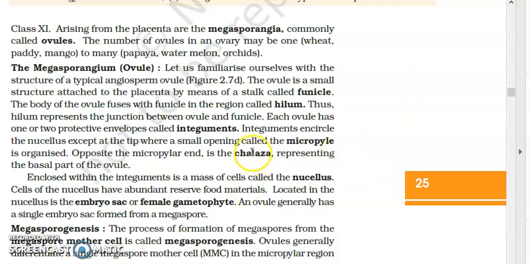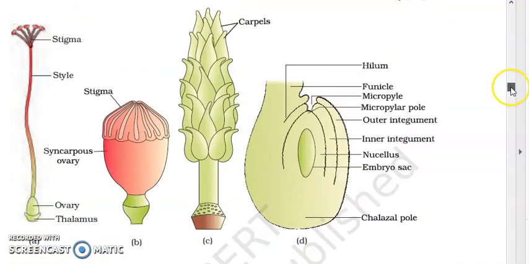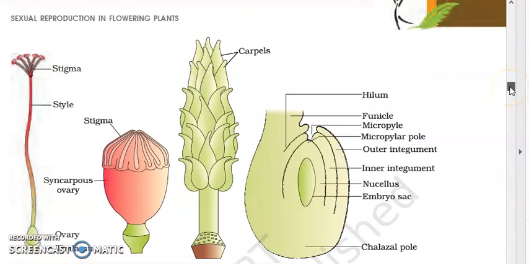Or the ovule. So essentially, the ovule generally has a single embryo sac formed from one megaspore, and we will be talking about the entire megasporogenesis and the development of the megaspore mother cell, and how the megaspore mother cell undergoes meiosis, and how that meiotic cycle is at the end a bit different from microsporogenesis.